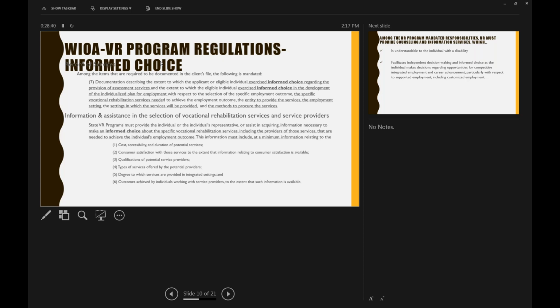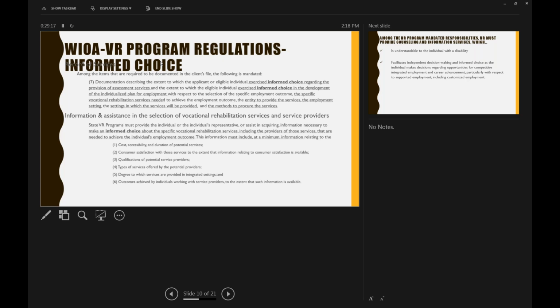Documentation describes the extent to which an applicant or eligible individual exercised their informed choice regarding the provision of assessment services, and the extent to which eligible individuals exercise their informed choice. So again, this has to be in the vocational rehab record. The Rehab Services Administration, the federal regulatory agency, does case audits, and they will be looking for this. This is what they look for to ensure that this mandate is met.